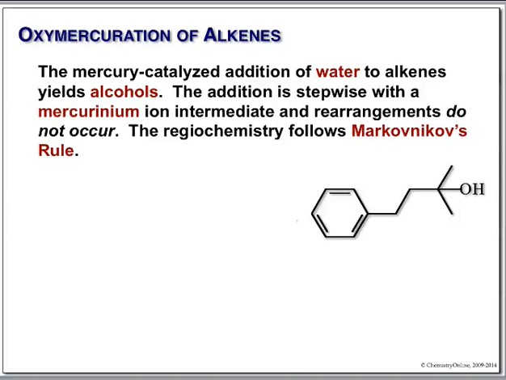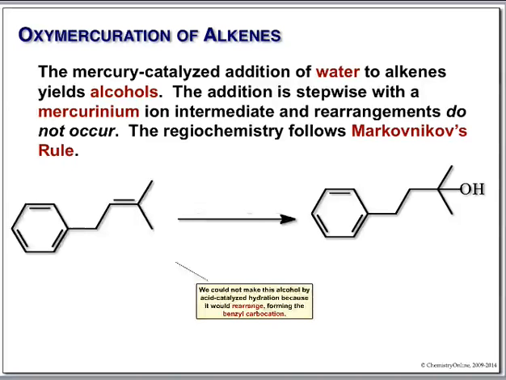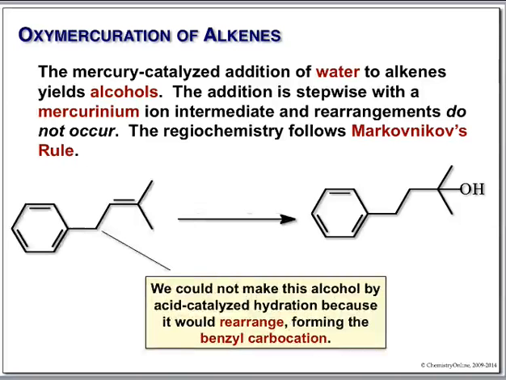So you would look at this and say, gee, I need to do mercuric acetate. We could not make this with acid-catalyzed hydration because we would get the benzyl carbocation and the OH group would go here. Oh, doesn't go on the ring, not until next semester.